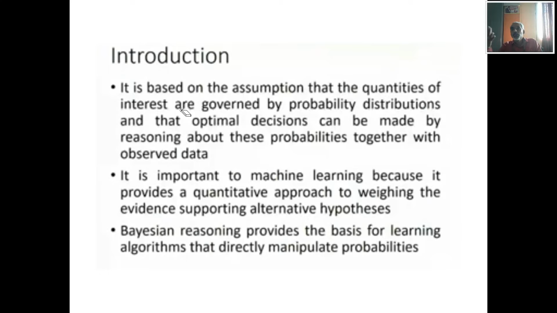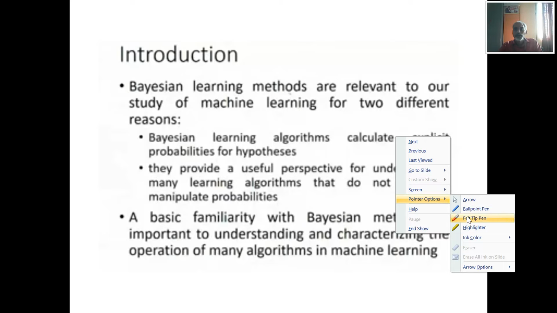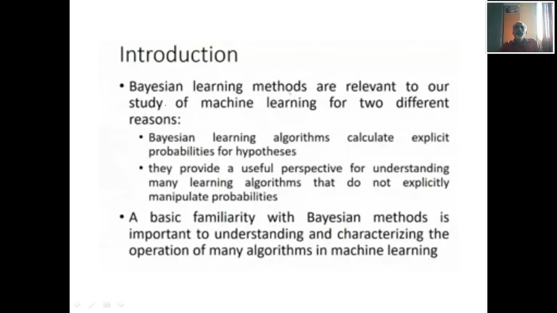When you have two or three algorithms in front of you, you can apply Bayesian learning and say what the chances are, which algorithm is doing better for me, right? Those things we can understand by using Bayesian learning. Now this learning method is relevant to our study of machine learning.